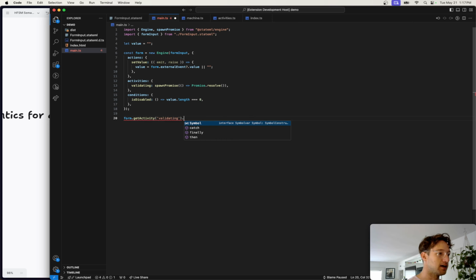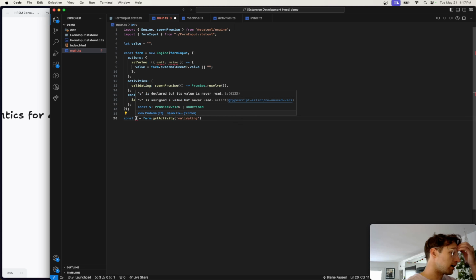And if we look, it's a promise that doesn't return anything, or it's undefined, right? Because depending on what state we're in, we might have spawned this or not. But you can see we inferred that we're spawning a promise. So you can get complete type safety for any activity that you're implementing and then referencing directly.